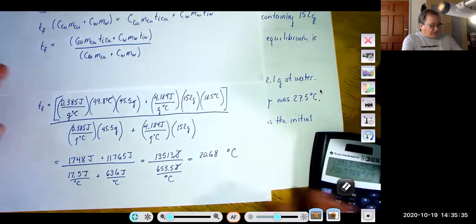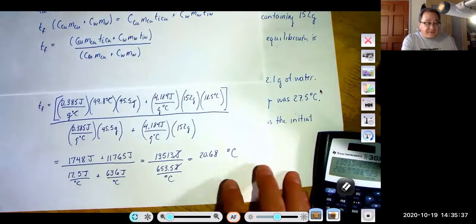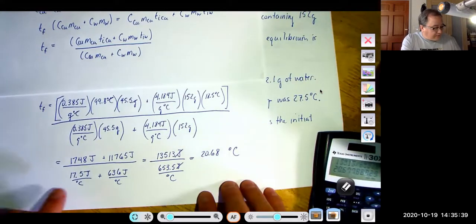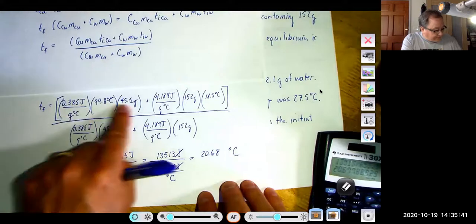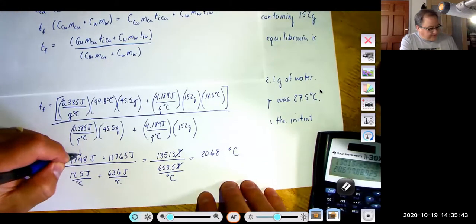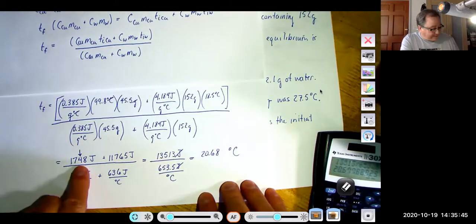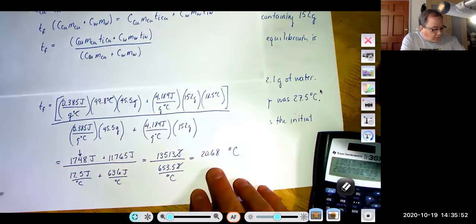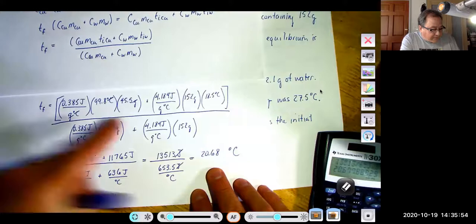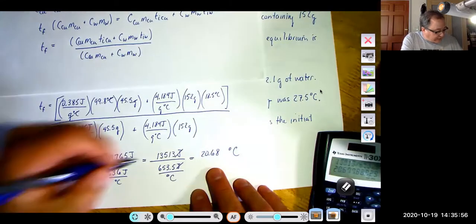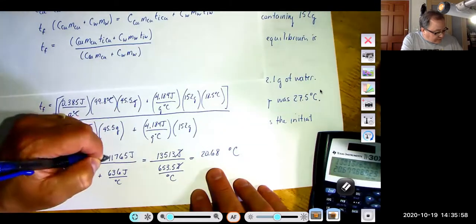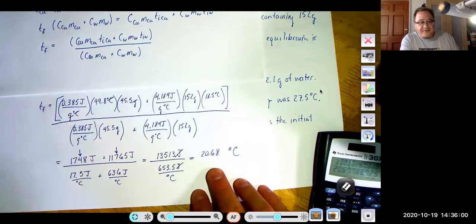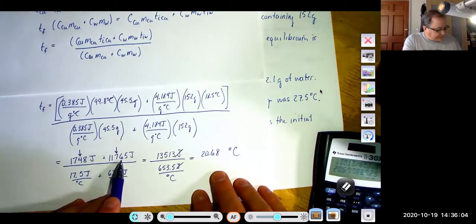Let's figure out what we would actually report for significant figures. Well, this value here gets 3 sig figs, so it's good to the tens. And these values here, you see that we have 3 sig figs. So this is good to the 1, 2, 3. This is good to the hundreds. This is ones, tens, hundreds.